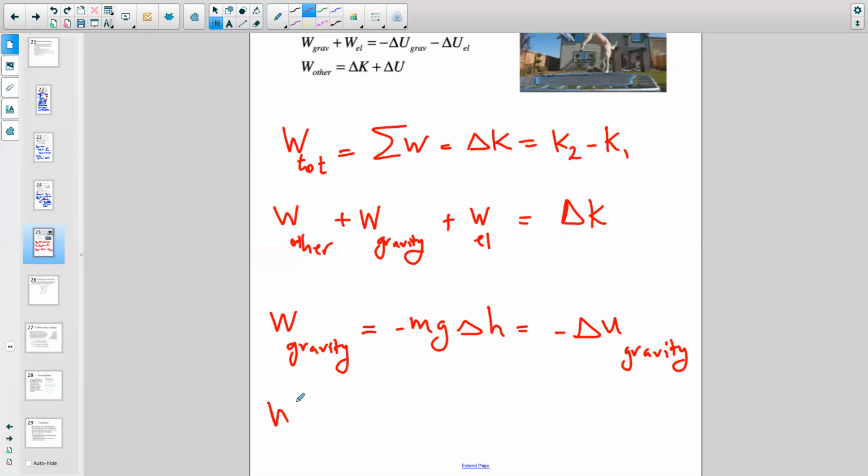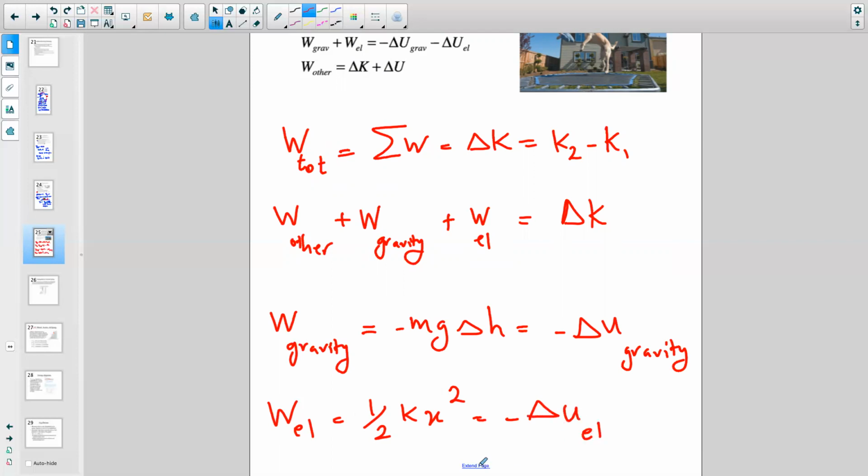And then the work done by elastic forces is half kx squared, which is negative of delta U of elastic forces.